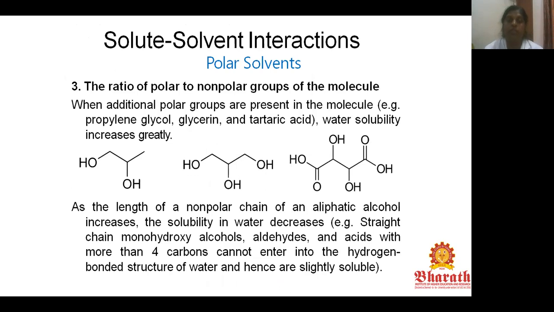Water solubility increases greatly. As the length of the non-polar chain of an aliphatic alcohol increases, the solubility in water decreases. The straight chain monohydroxy alcohols, aldehydes, and acids with more than 4 carbons cannot enter into the hydrogen bonded structure of water. Hence they are only slightly soluble.